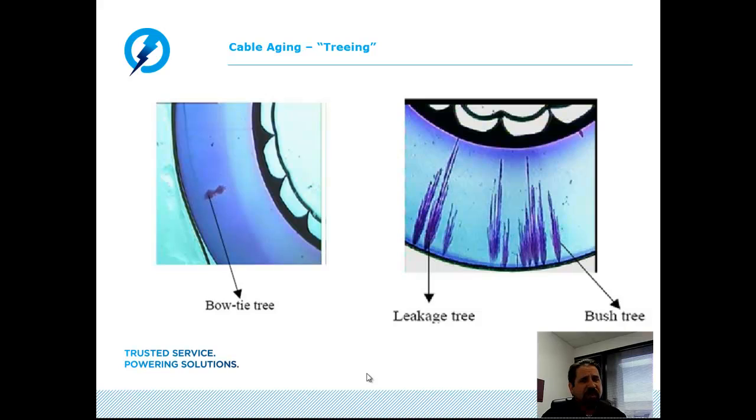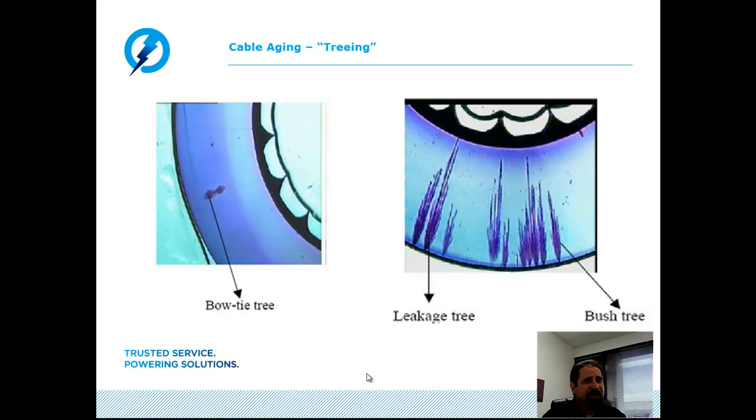The vented trees, however, grow from the surface of the polymer inwards toward the insulation system. These trees will grow in the direction of the electric field. The vented trees have a lower initial growth rate as compared to the bow tie tree.